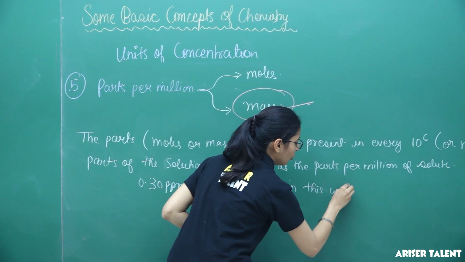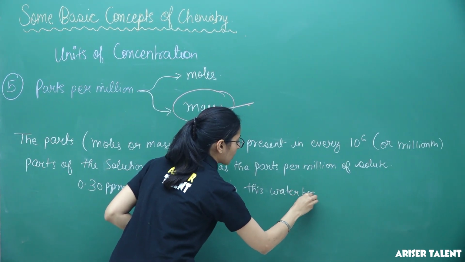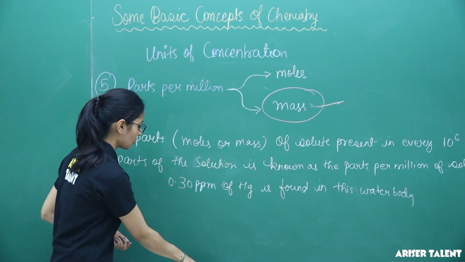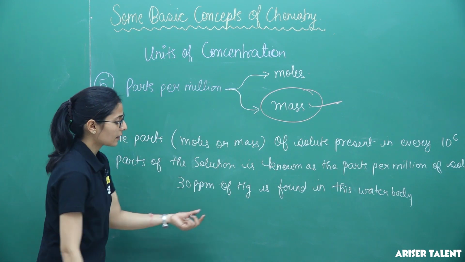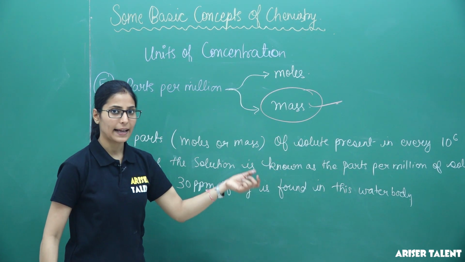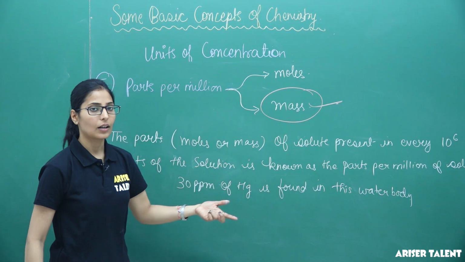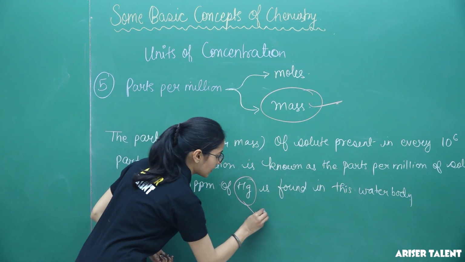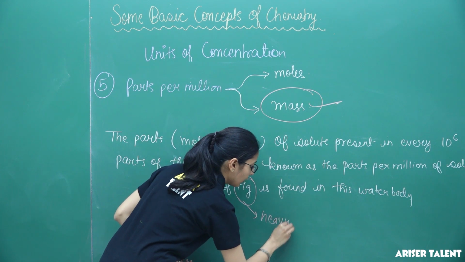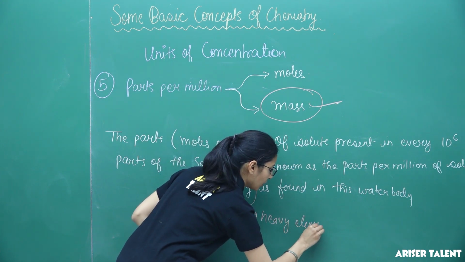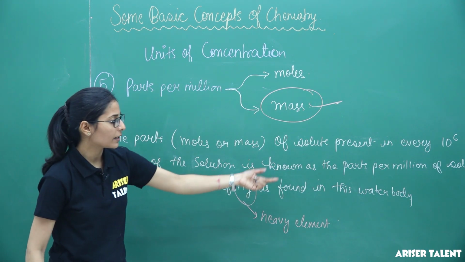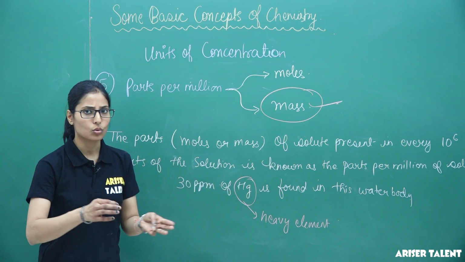As we know, Hg is mercury. Cadmium, mercury, nickel, all these are heavy elements. Okay. You should also know this. So, 30 ppm of a heavy element is present in the water body.